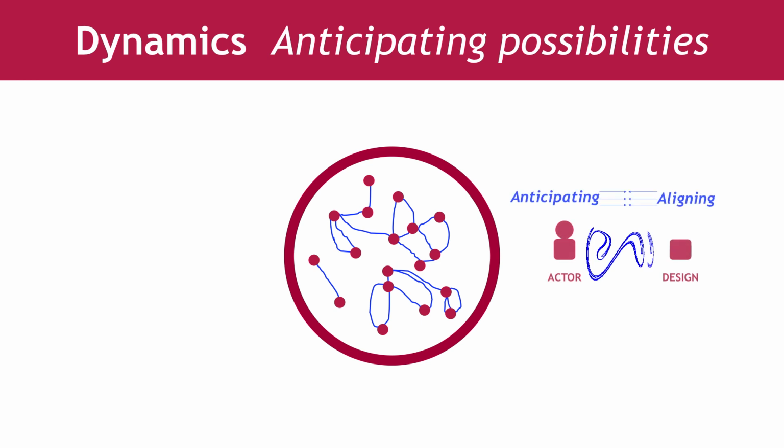We have a sense of it. It feels a little bit stable to us. The actor engages in this tension between anticipating what's possible and aligning with what's actually happening as the actor is engaging and performing with the design. And it's this nice creative tension that becomes a balance with an actor and the design as a system.